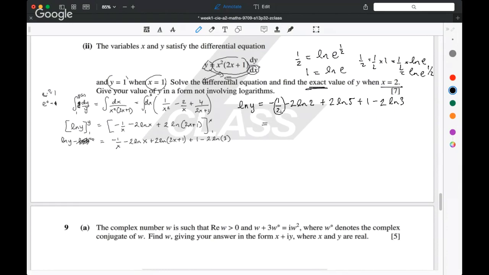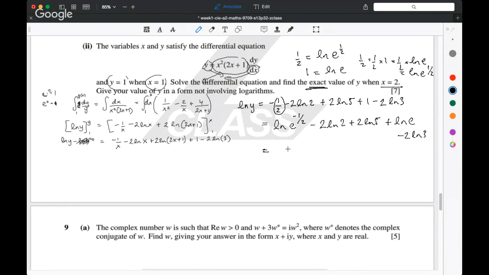So this thing is equal to ln of e to the minus 1/2, minus 2 ln of 2 plus 2 ln of 5 plus ln of e minus 2 ln of 3.